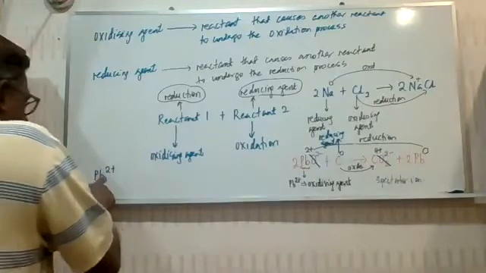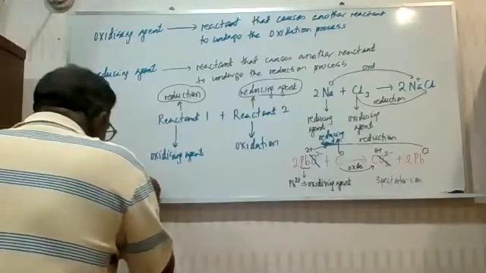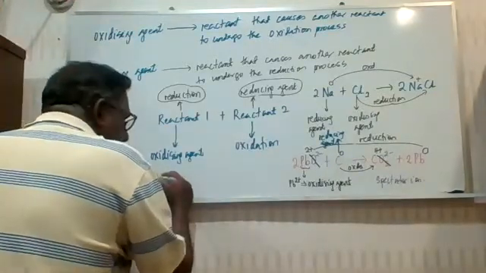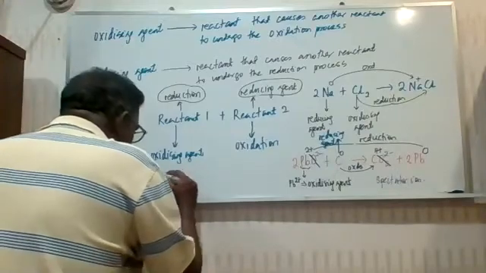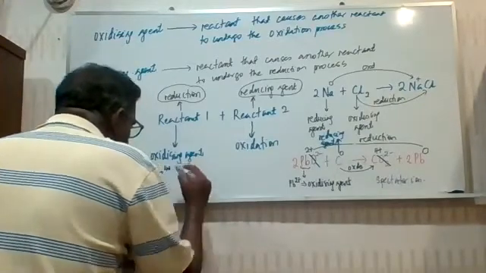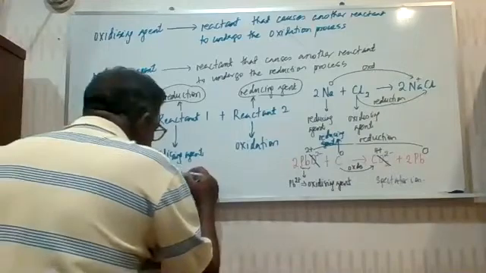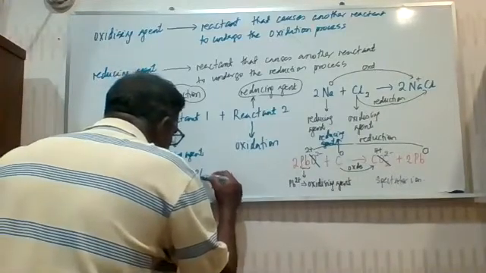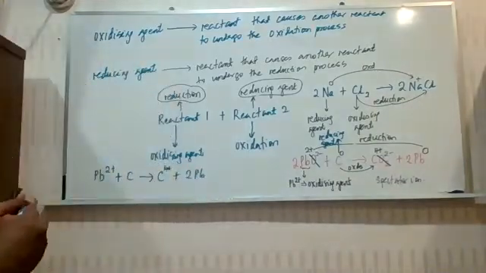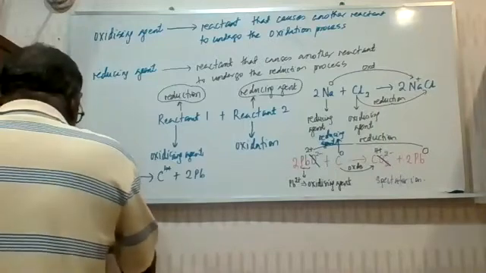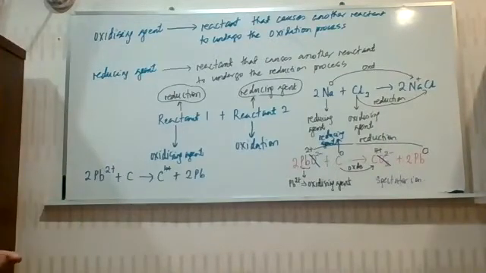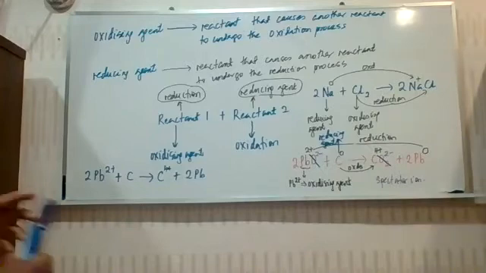So you can rewrite and put that Pb2+. Carbon remains, and for carbon dioxide, you can just put carbon with a 4+, and you're left with 2 Pb. You must have the 2 here to balance it out. This would be the ionic equation. If you really insist on writing the ionic equation, that is how it will be.